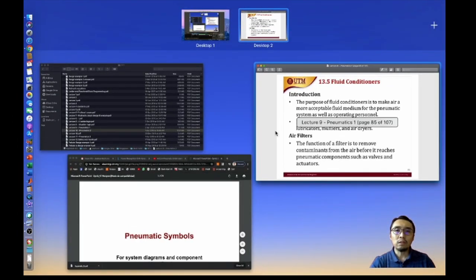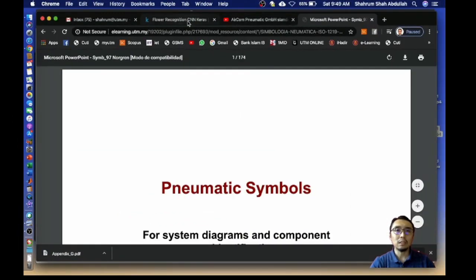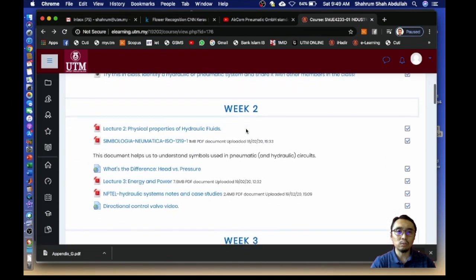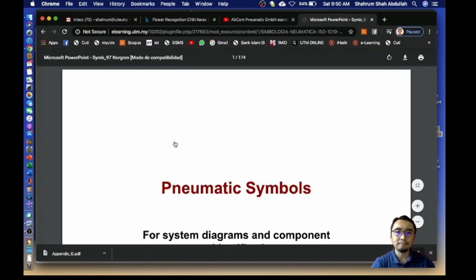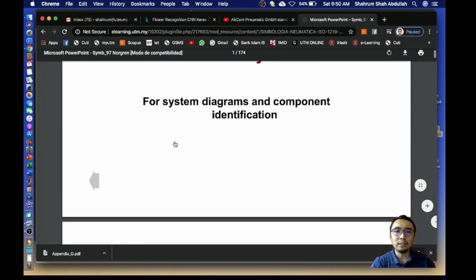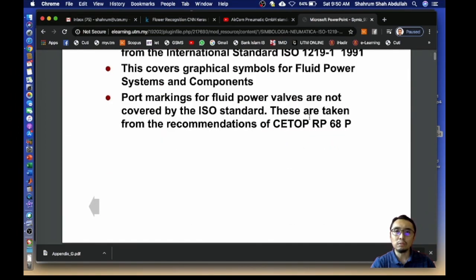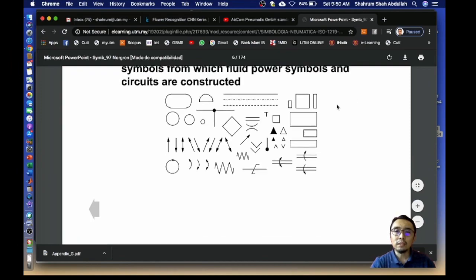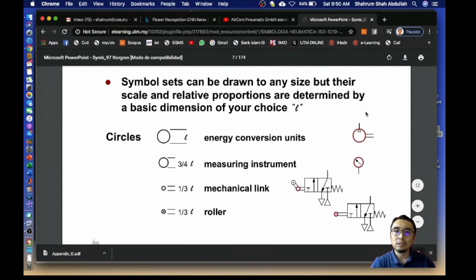If you recall, in e-learning I have uploaded the notes, if I'm not mistaken, in week 2. We have all these symbols of a pneumatic and hydraulic circuit. So in the pneumatic symbols, if you refer to this, there is one component which is exactly the FRL unit.